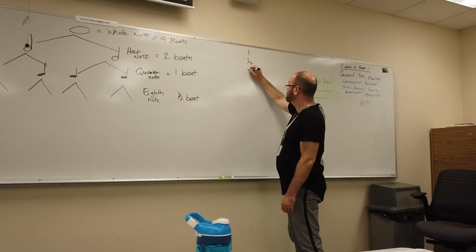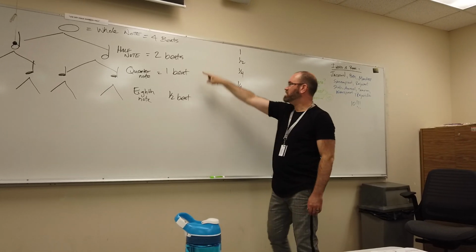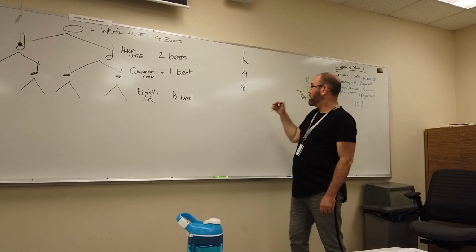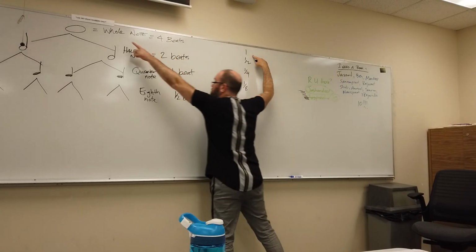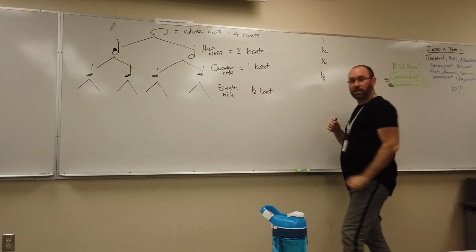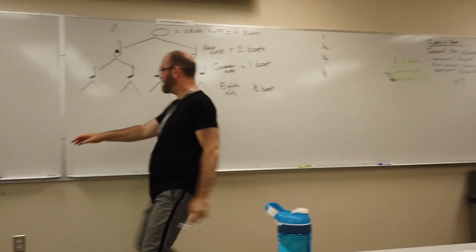Half, quarter, eighth for each of these, but then it would all be numbers and it would be confusing. So, half and half, quarter and quarter. Okay, so that's how we name the notes. And I'm going to erase that because I don't want you to get confused.